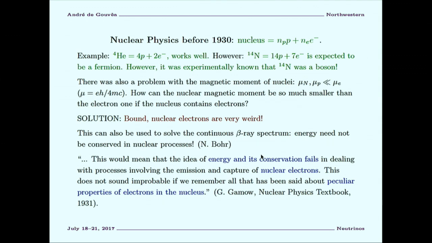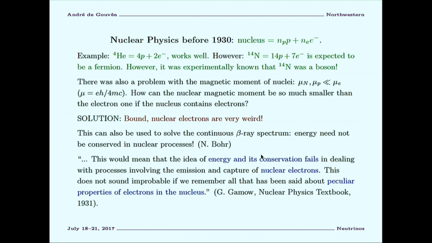There's actually another funny problem with this model, which has to do with magnetic moments. People started measuring magnetic moments, and they figured out that nuclei have magnetic moments as well. And you can quickly convince yourself, with everything that you know about magnetic moments today, that the electron magnetic moment is actually much bigger than the magnetic moment of nuclei.